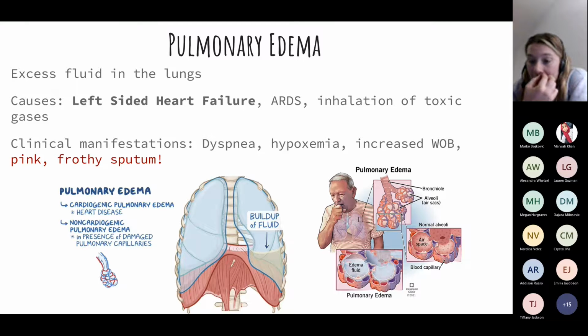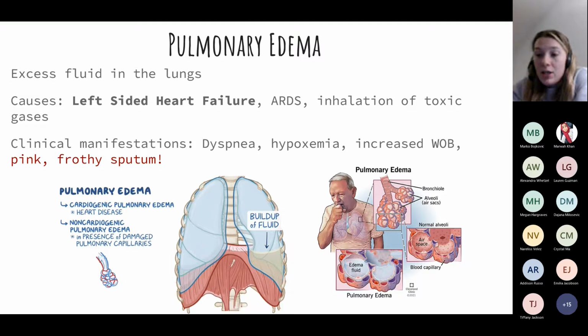Pulmonary edema. Edema is just fluid buildup. So with pulmonary edema, we have fluid buildup in the lungs. The most common cause for this is going to be left-sided heart failure. We talked about cardiology last quiz and last review session, but think about it.